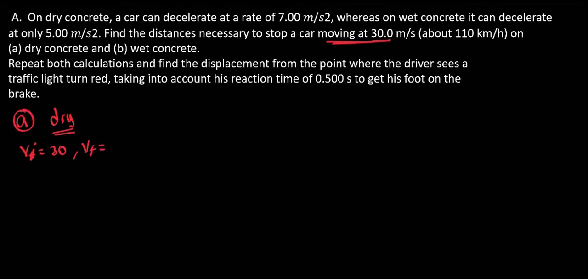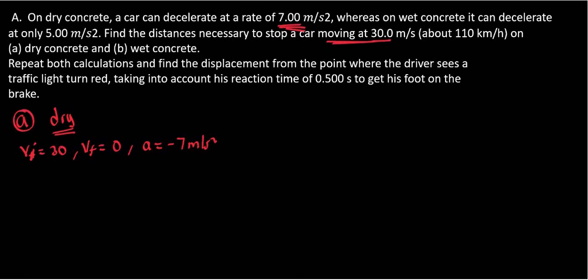Since we want to stop the car, our final velocity is 0, right? And remember that it was decelerating, meaning that it was reducing by 7 on the dry concrete. So that one will say negative 7 meters per second squared. Alright?